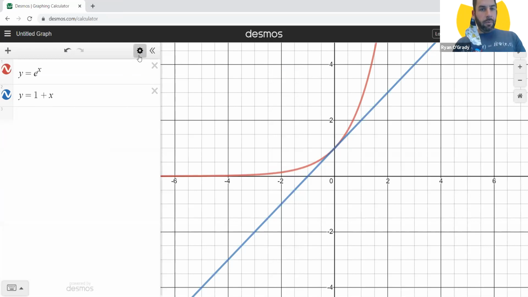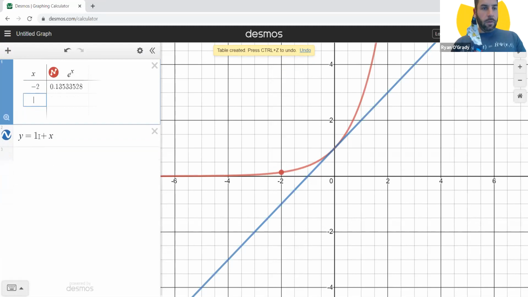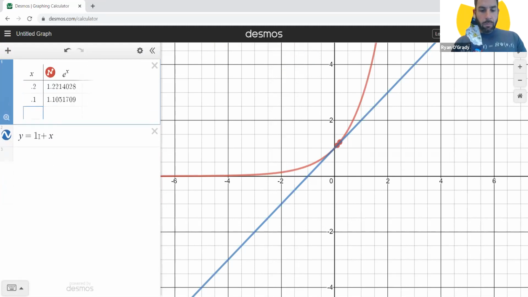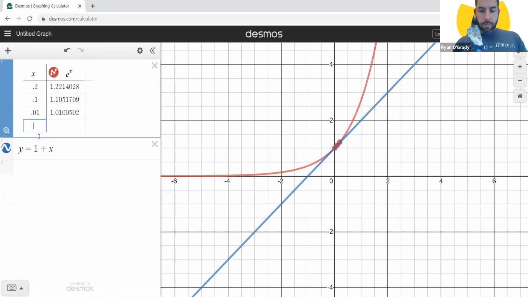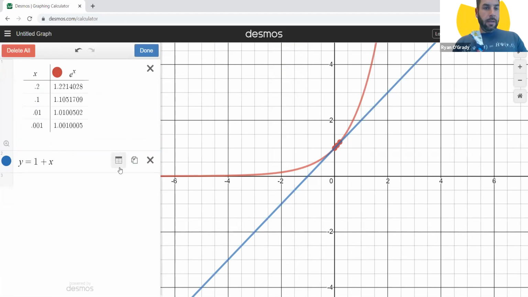From a numeric standpoint, you can just compute some values to convince yourself. So do, for example, 0.2, 0.1, 0.01, 0.001. So you take numbers close to 0, and when you plug them into e to the x, you get that.